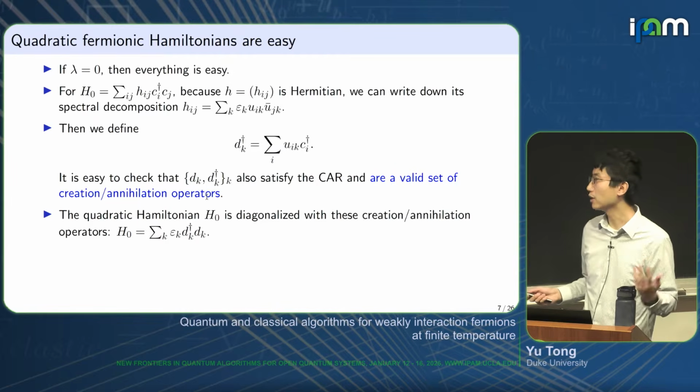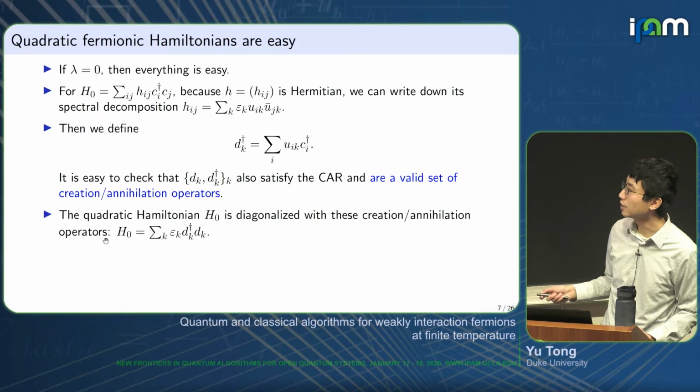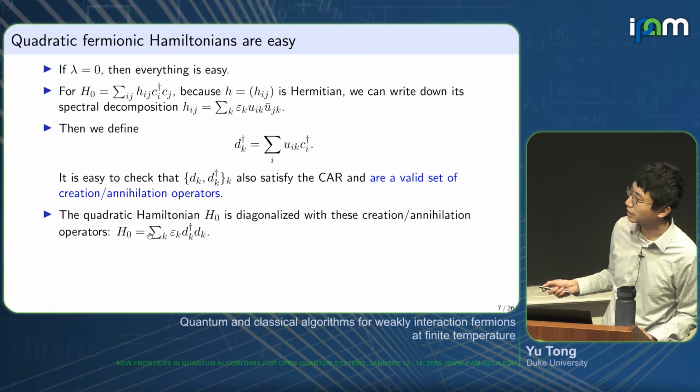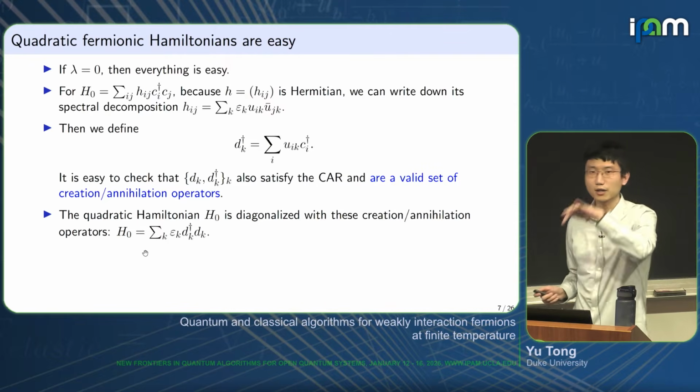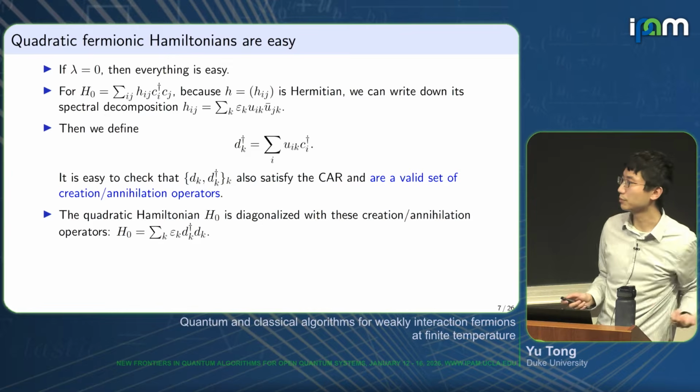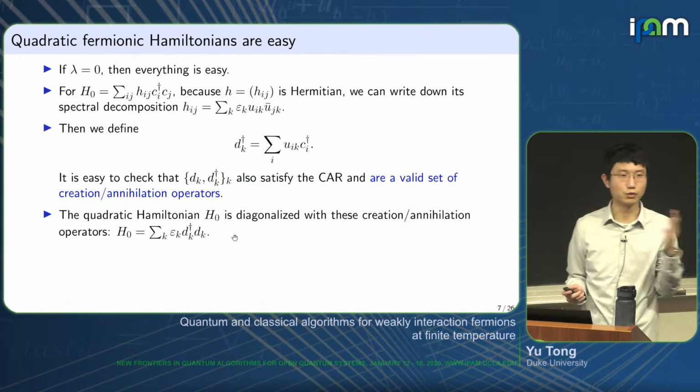With this set of operators, your Hamiltonian can be written in this form: sum over k, epsilon_k, d_k dagger d_k. If you write it as a matrix, it only has diagonal terms. There's no coupling between, say, d_k and d_j if k is not equal to j.